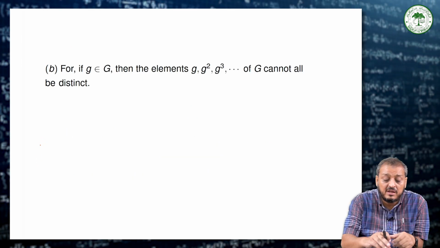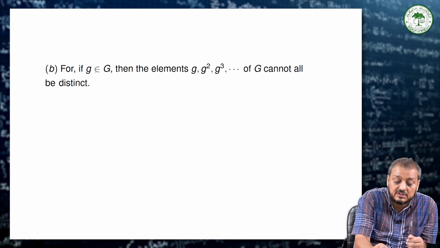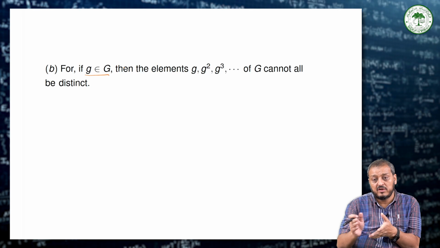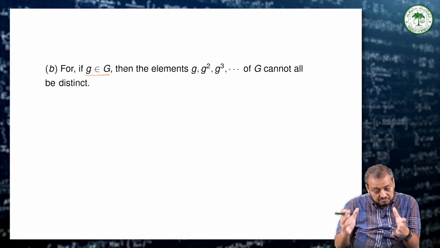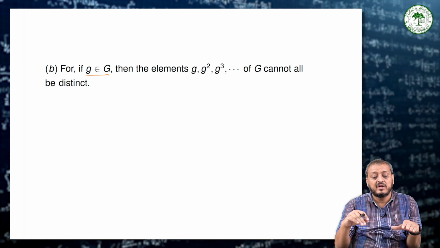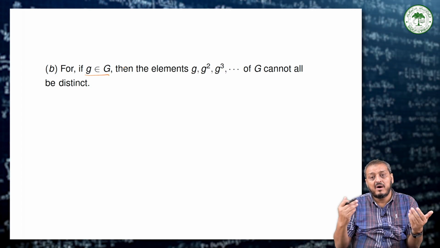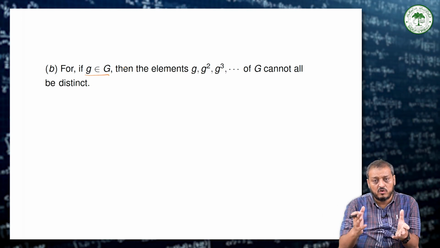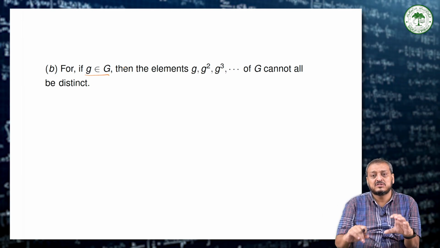So for g an element of G, if g generates a cyclic group, then it can be written as all the powers of g: g squared, g cubed, up to g to the n, because G is a group and by the group property it is closed.